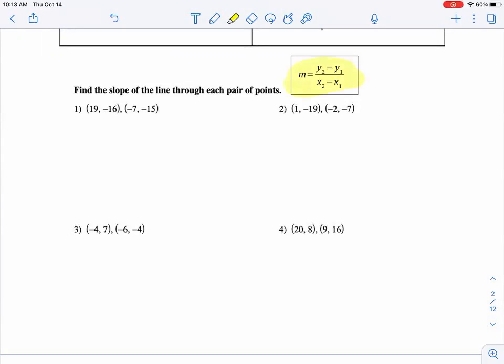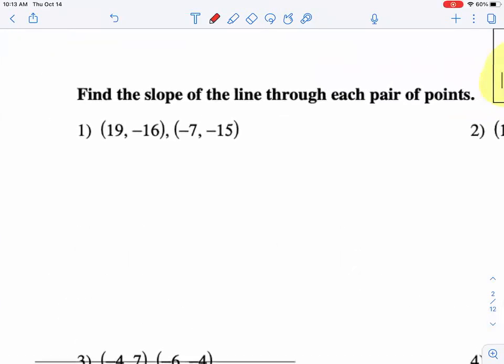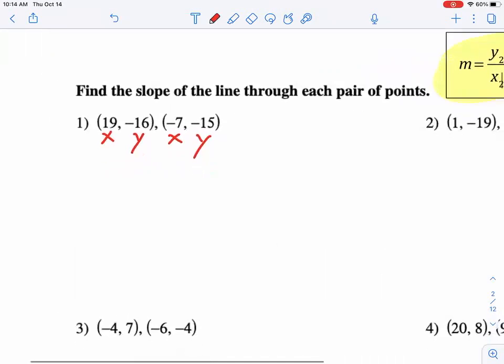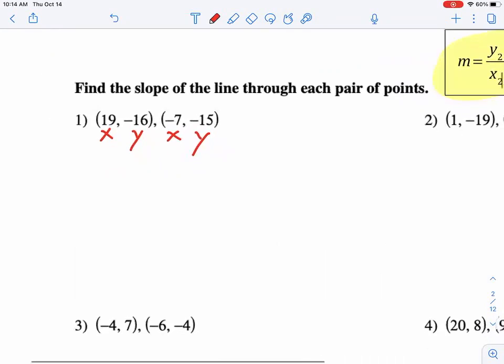The formula is that you subtract the y's on top and the x's on the bottom. So for example, remember, here 19 is an x and -16 is a y. -7 is an x and -15 is a y. So I'm going to subtract the y's on top.